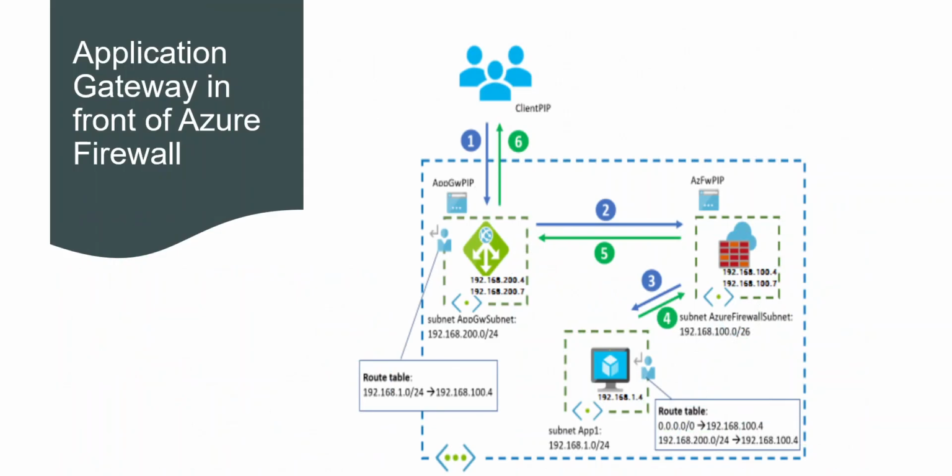So going further, if you see, the application gateway is kept in the front, wherein it will go through the application gateway and it gets filtered. It goes to the application firewall and it goes to the Azure firewall also. And later it is sent to the client.